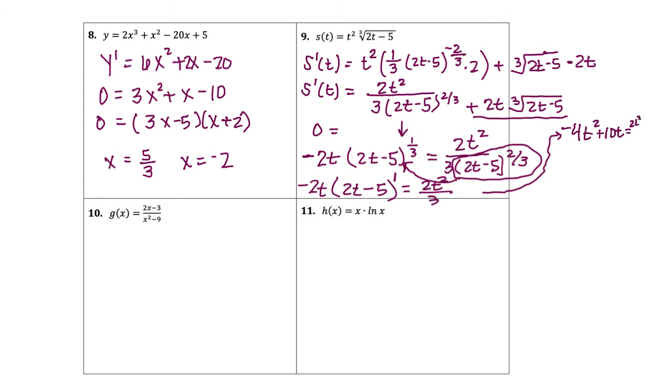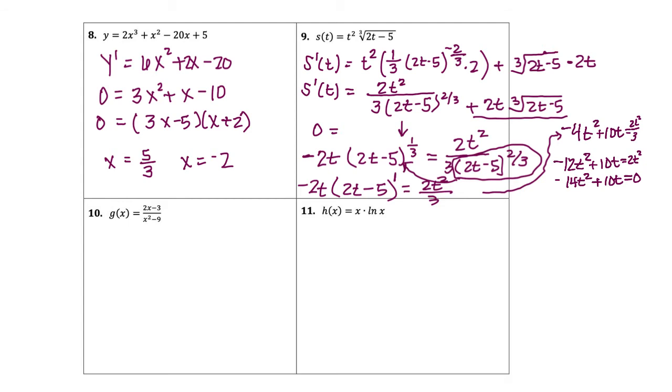Squeeze that in. Multiply the 3 over, so we have -12t squared plus 10t equals 2t squared. Subtract the 2 over, so we have negative 14t squared plus 10t equals 0.